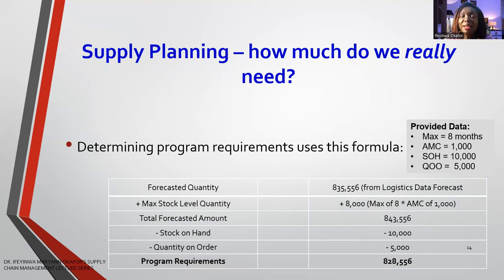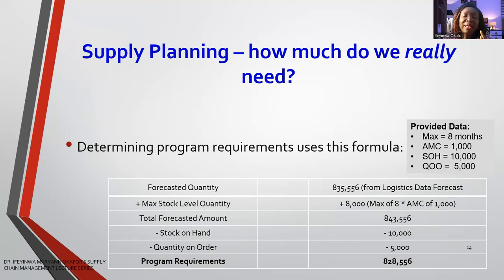Let us look at it closely. If you look at this particular slide, we have how much do we really need? There is certain information that you obtain from your logistic management information system. Like I said, maximum stock level, average monthly consumption, stock on hand, and quantity on order.